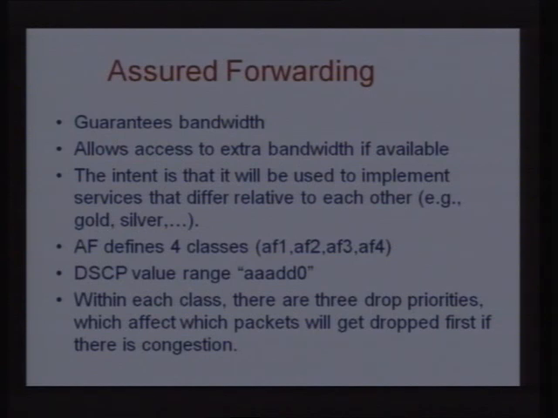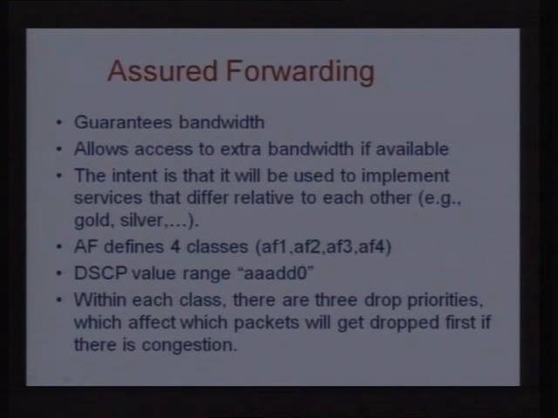Now the assured forwarding itself defines 4 subclasses, and they are known as AF1, AF2, AF3 and AF4. It is shown through AAADD, because we are using 6 bits, so they are in the form of 3 A's and 2 drop probability bits, and then there is a fixed 0.